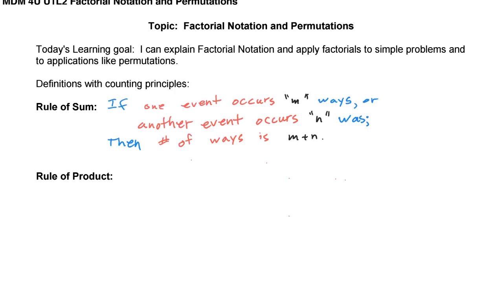All right, so what I want you to do is wait until I've completed writing the definition, and then we'll do a problem here. So if one event occurs m ways, or another event can occur n ways, then what this tells us is that our number of ways these events could happen is m plus n ways.